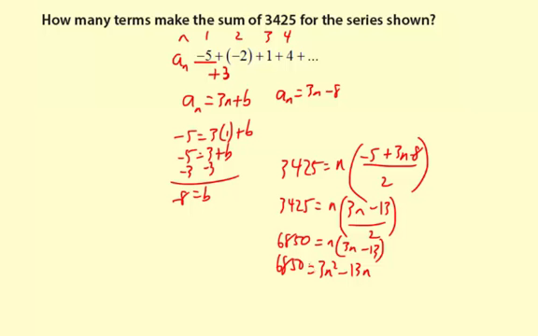This is going to be a quadratic equation. I'm going to subtract 6850. So it's going to be 0 equals 3n squared minus 13n minus 6850. And I'm going to use a calculator at this point because that 6850 is a really large number.